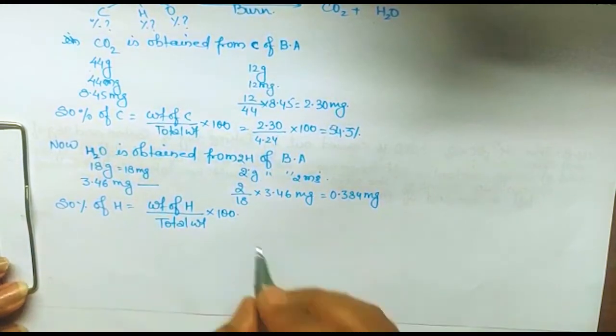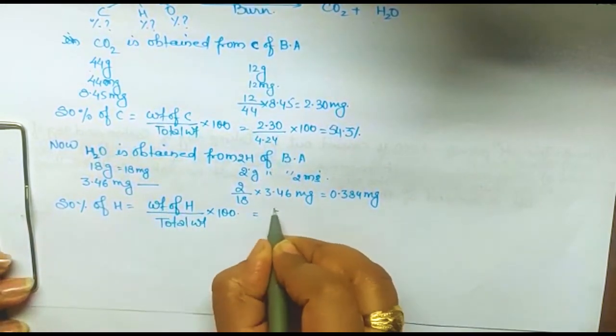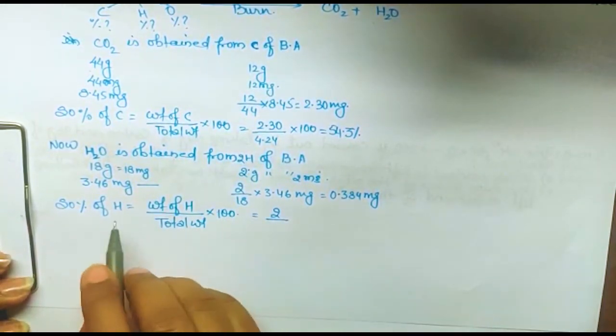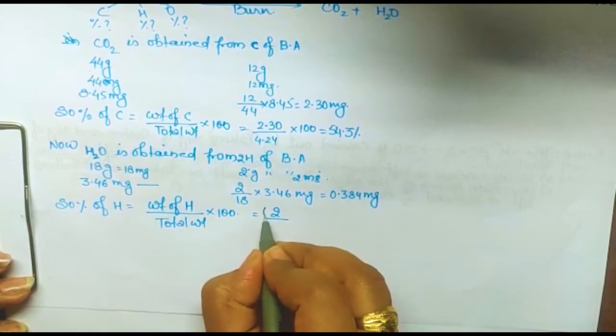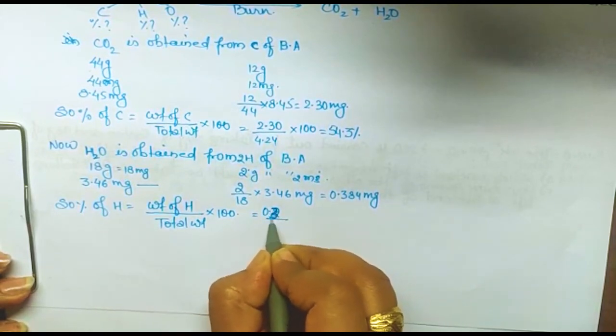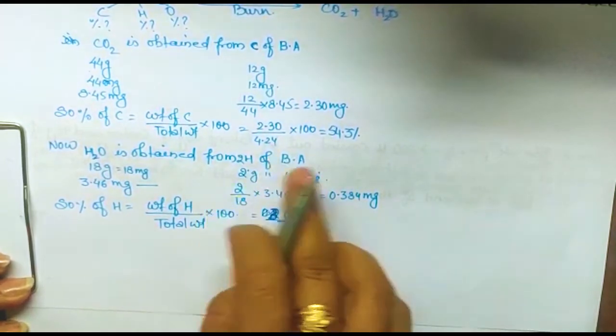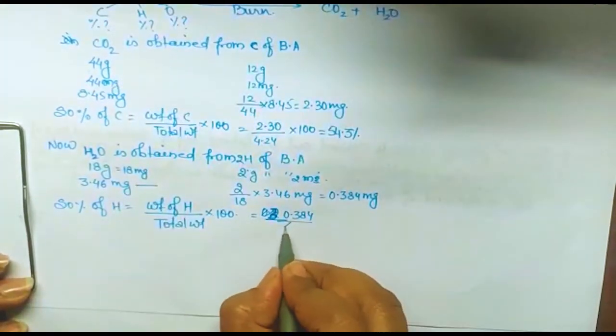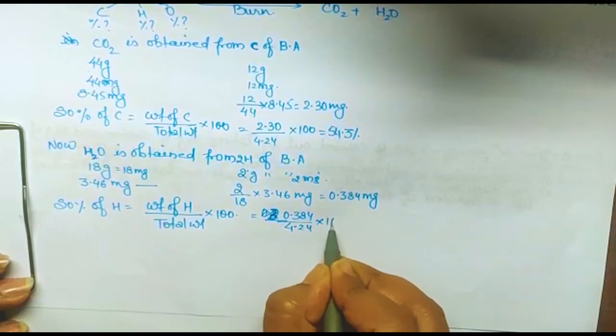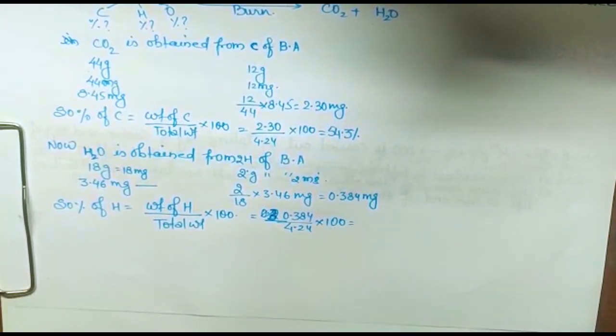So the weight of hydrogen we got is 0.384, upon the total weight of butyric acid, 4.24, into 100. Solve this, you will get the percentage.